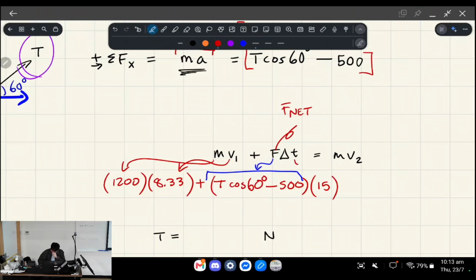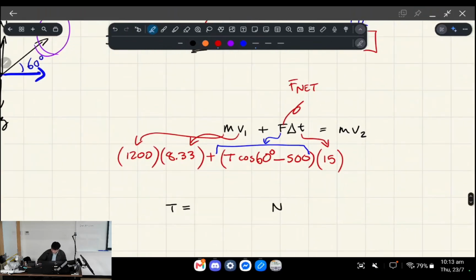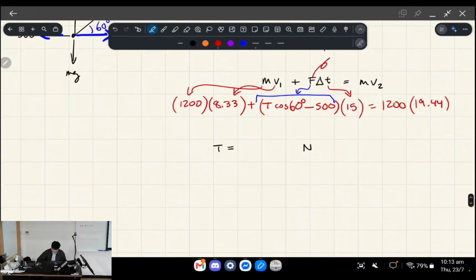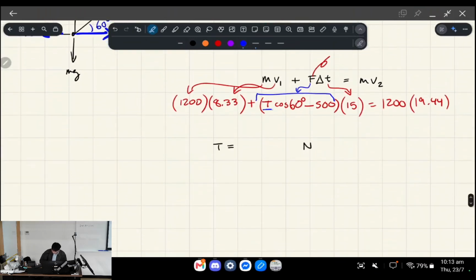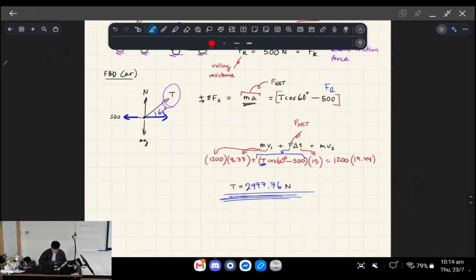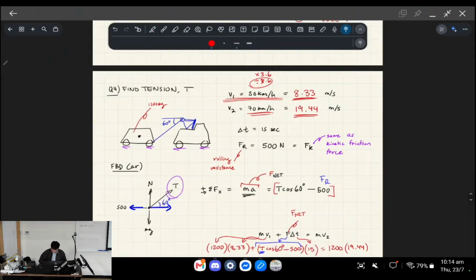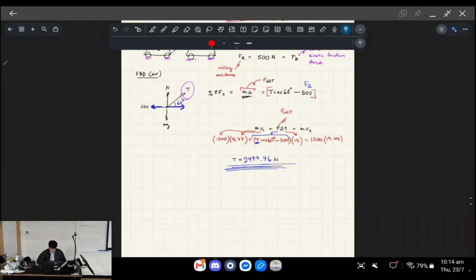We're told that this change in speed happens over 15 seconds. Then M stays the same, so 1,200, and speed 2 is 19.44 meters per second. So if we rearrange for T, which is the only unknown at this point, we get 2,777.76 newtons. So now we actually have the tension in the rope.